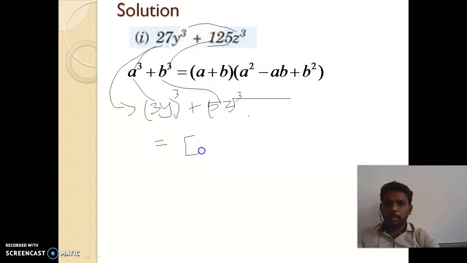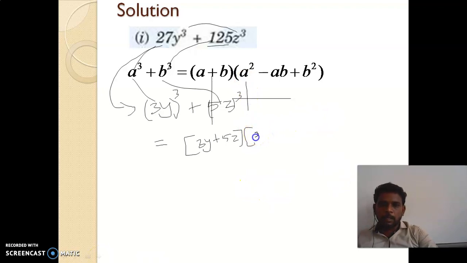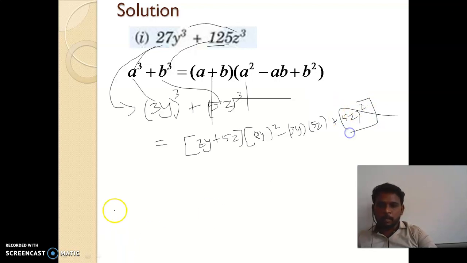Instead of a, 3y, then plus, instead of b, 5z, again bracket: instead of a square, (3y) whole square, and minus, instead of a, 3y and instead of b, 5z, and plus, instead of b, again (5z) whole square.